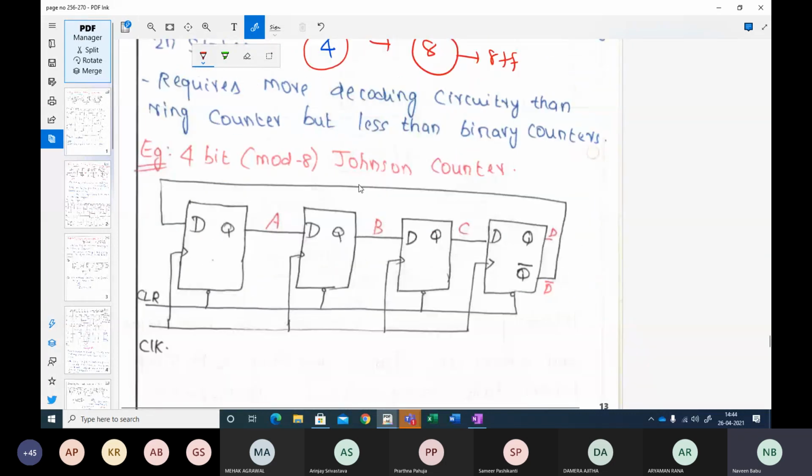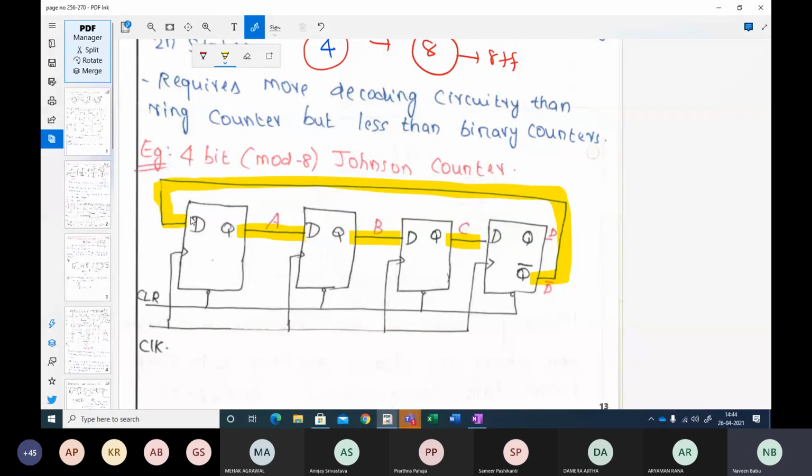So this is an example of a 4-bit Johnson counter, which can count till mod 8. Everything is the same as the ring counter's logic: A is fed, B is fed, C is fed, and instead of D, here D bar is fed back.